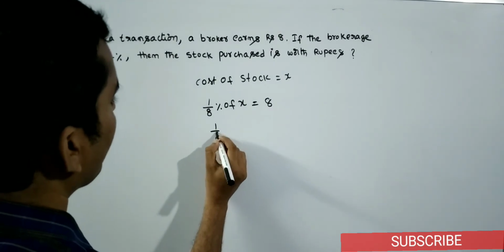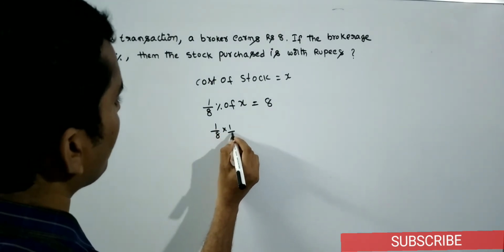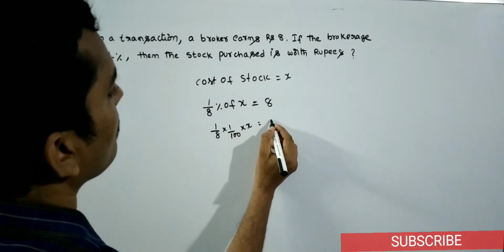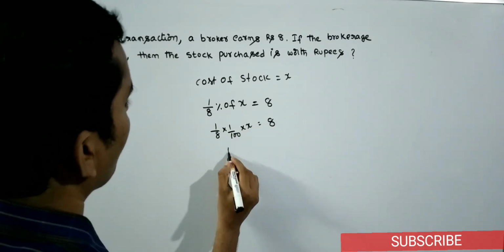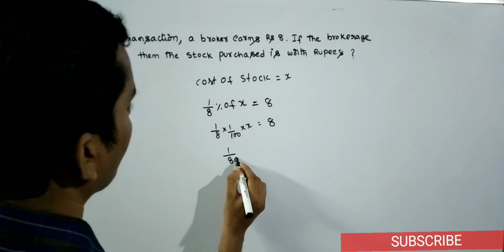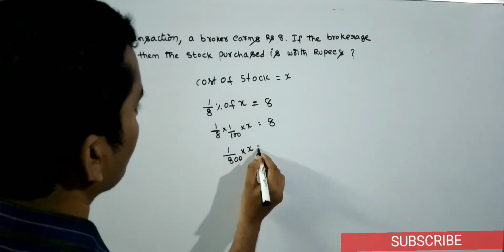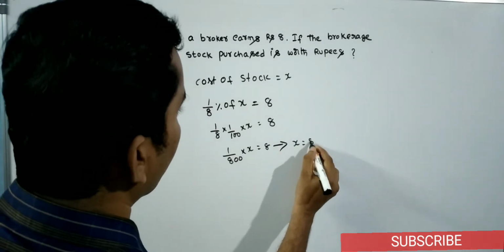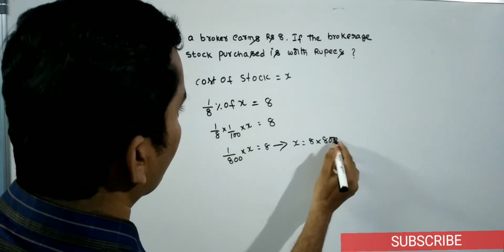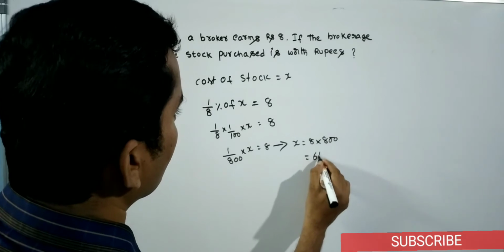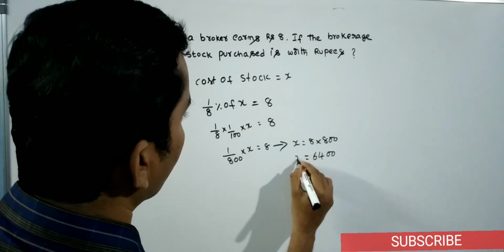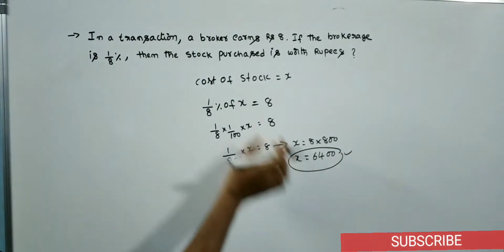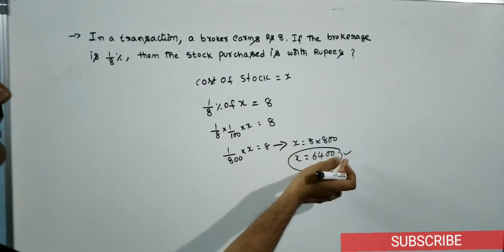So 1/8% means 1/800 times x equals 8. So x equals 8 times 800, that means 6400. See friends, the cost of the stock is 6400.